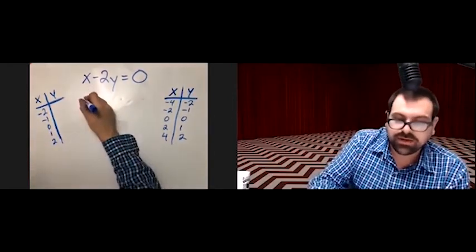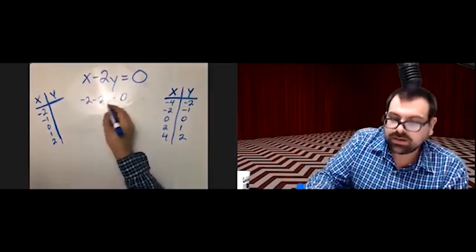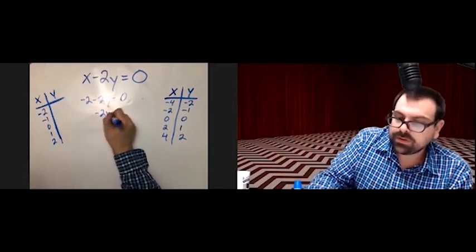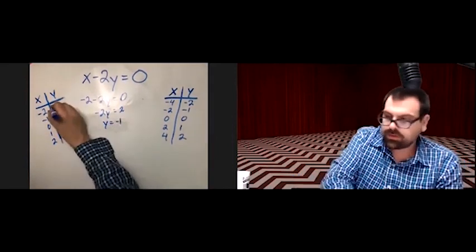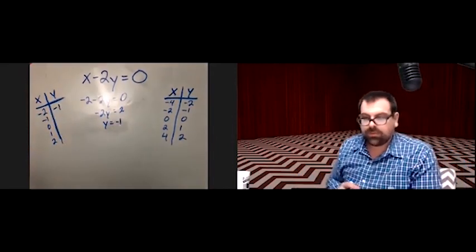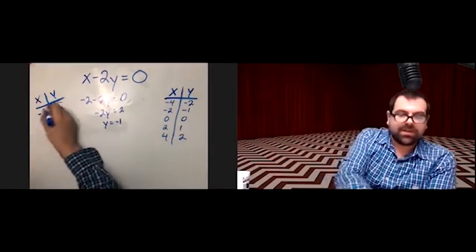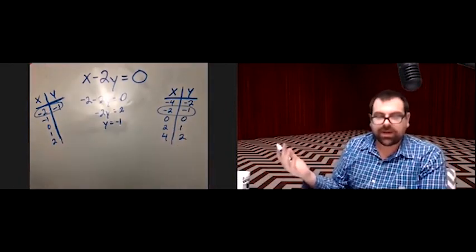So if you plug in -2 and then solve for a y, you'll get your y. It just so happens, since you notice -2, -1, we got that point anyway.